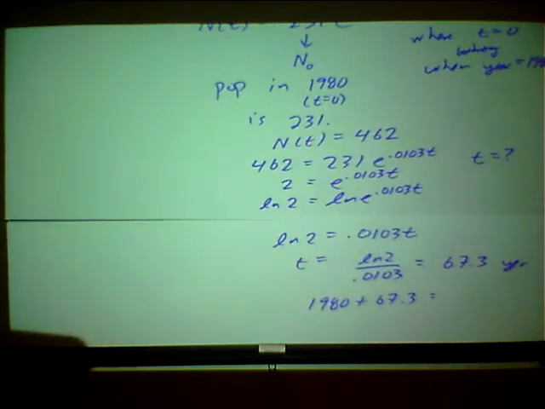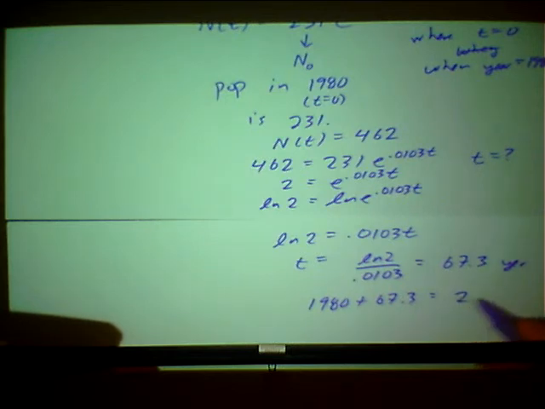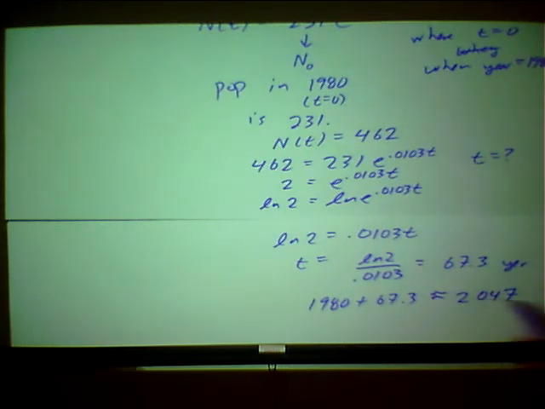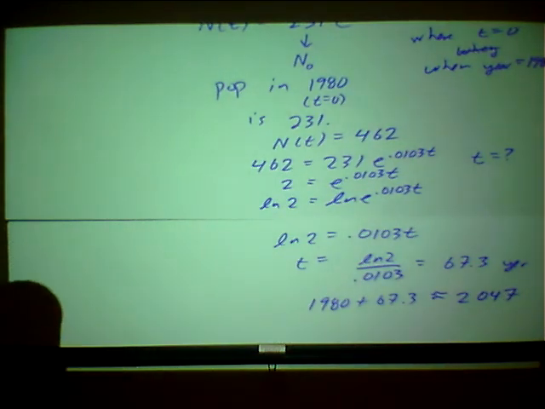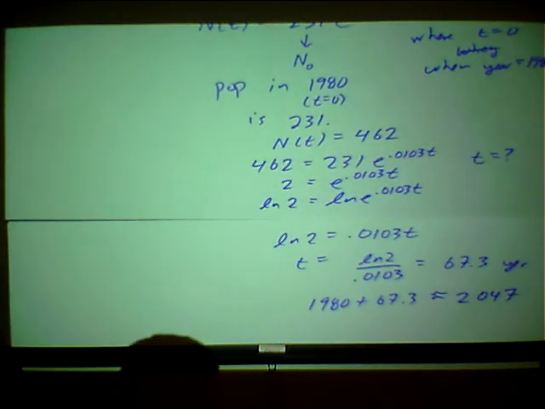So basically, we're saying approximately in the year 2047 is when the population will double. All right, so the whole key to that is to be able to use logs to get at the exponent.